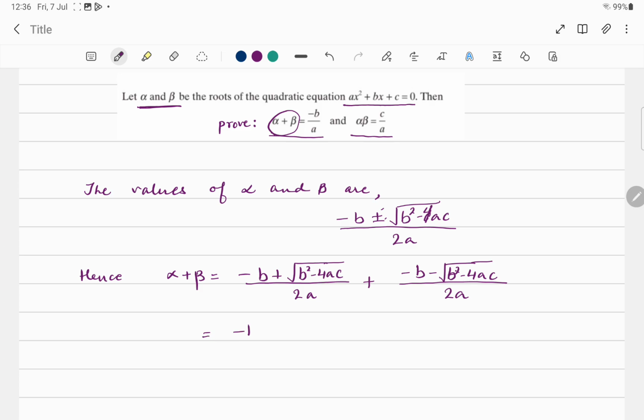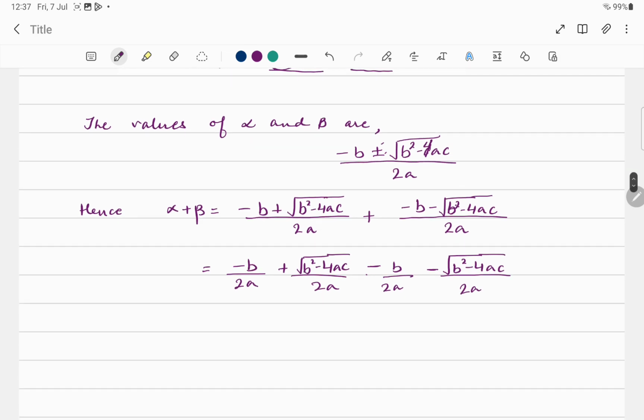So we will do minus b over 2a plus square root of b square minus 4ac over 2a, plus minus b over 2a, and then minus plus is minus square root of b square minus 4ac over 2a, right?